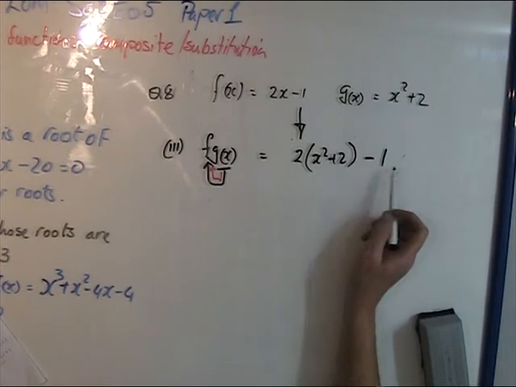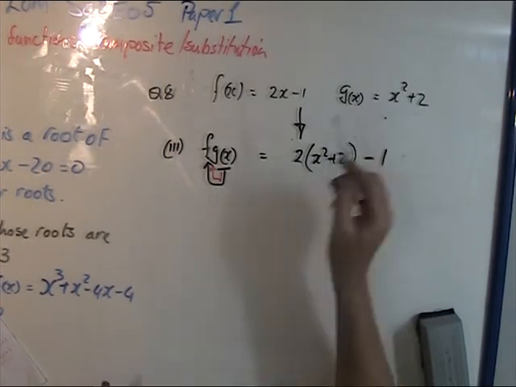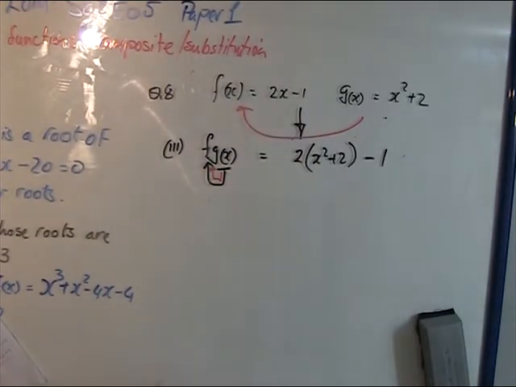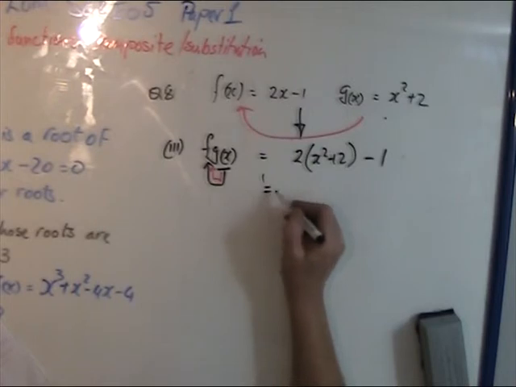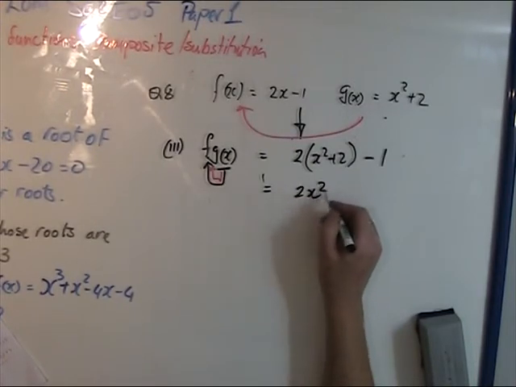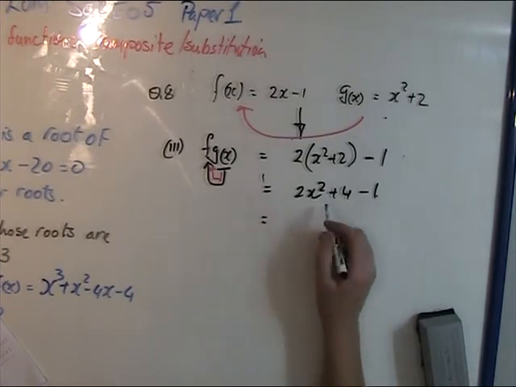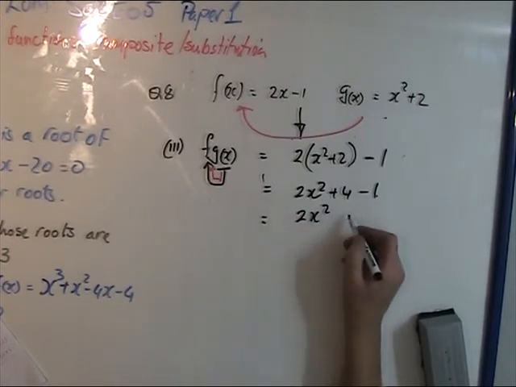Okay, I'm just following the rule. So I'm putting g of x into f of x. That's called f after g of x. Right, and I just multiply it out. 2x squared plus 4 minus 1, which is equal to 2x squared plus 3.